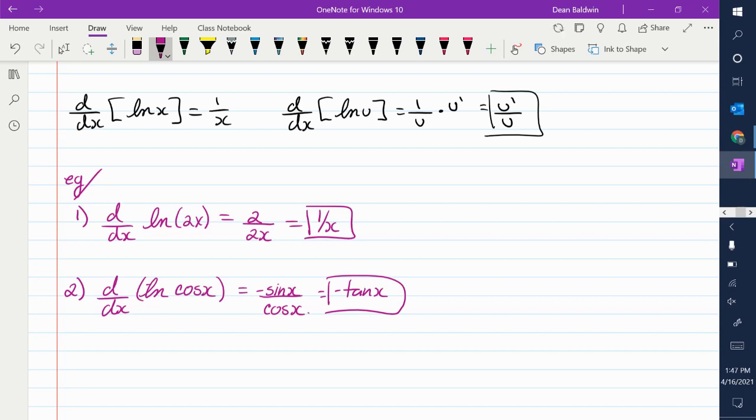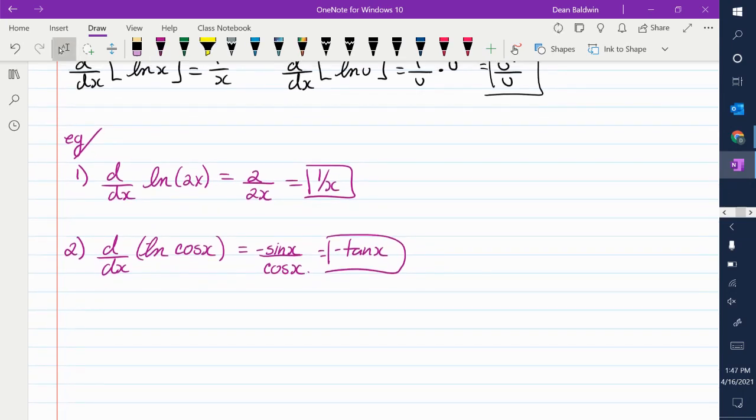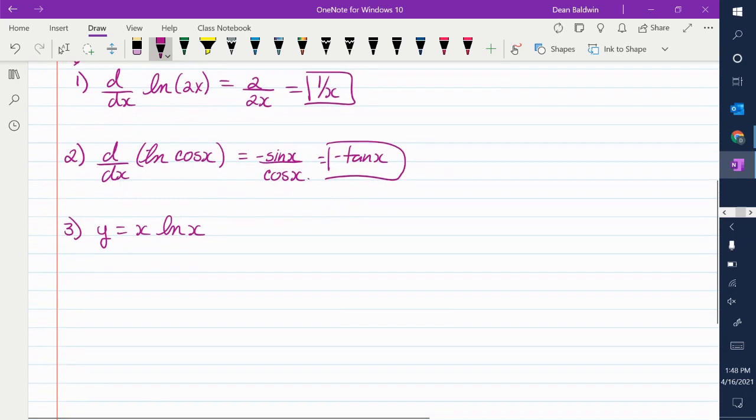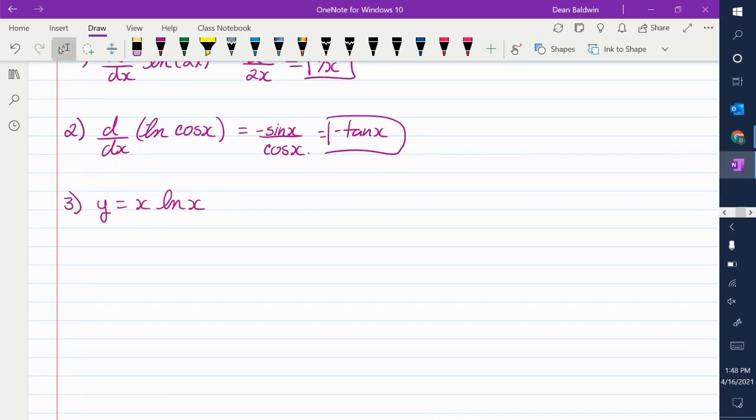Okay? Now, you can couple it with a chain rule, product rule, all this type of stuff, though. So if we have y is equal to x natural log of x, what rule do I need to use here? Product rule.